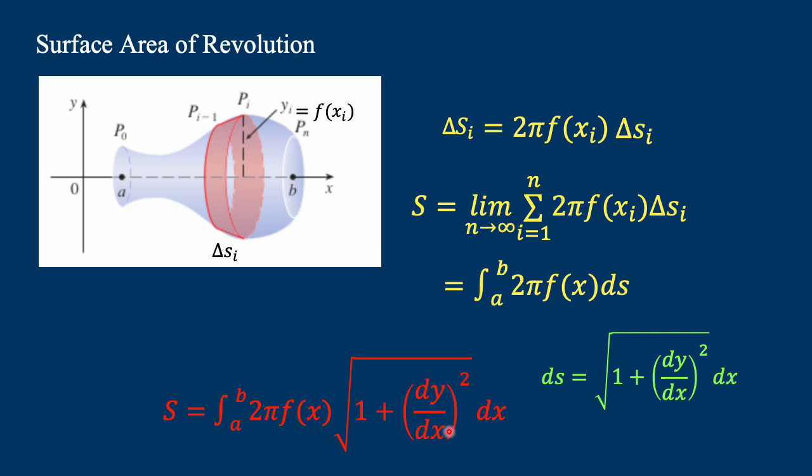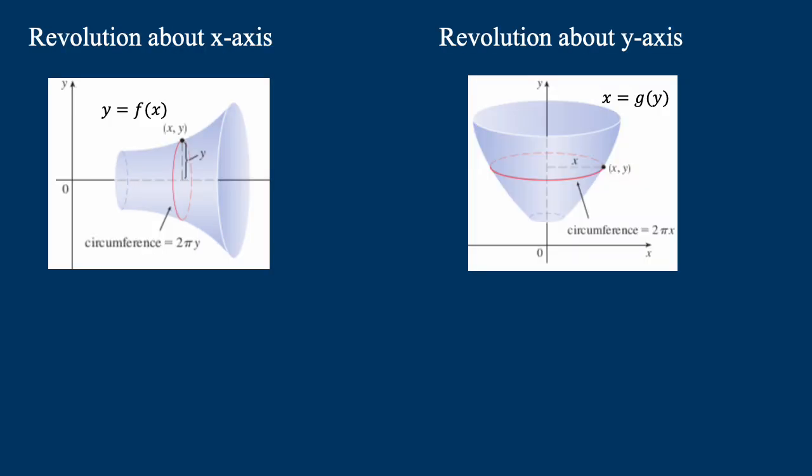Here dy/dx is f prime of x. That's the formula for the surface area of revolution about the x-axis. In the previous slides, we derived the surface area formula with respect to dx. Just like arc length, surface area also has two useful forms.